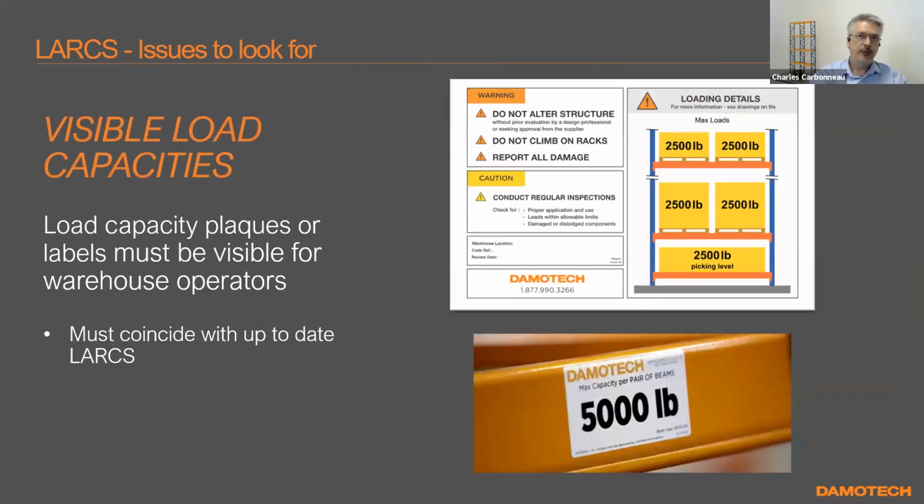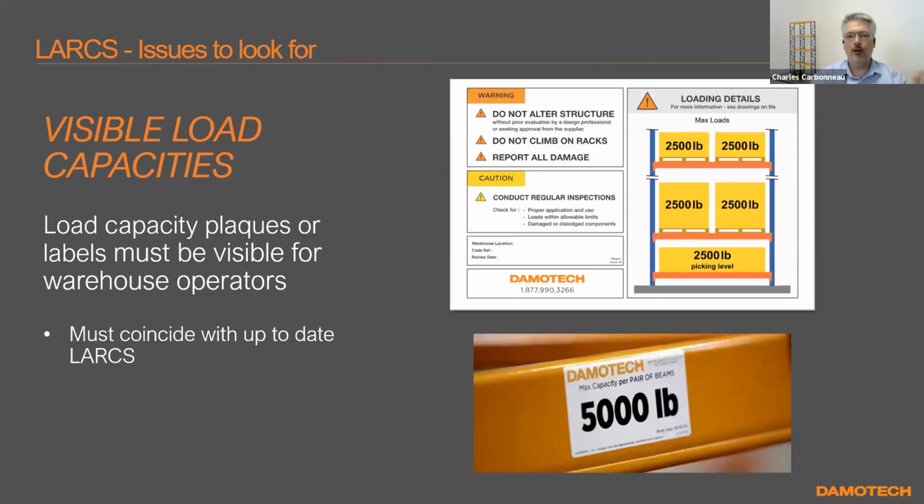And the code also says you have to provide a visible sign or something so that the forklift operator knows, or you give them a chance to know, if they're overloading the rack. So the image on the top right is a load capacity plaque, right? And this one is rather straightforward.